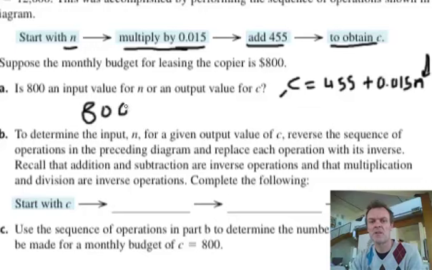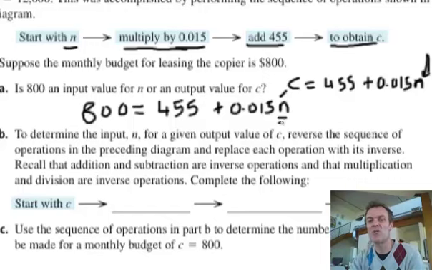So if I do this now, that equals the 455 monthly fee. Again, I know I've got to add in the price for each copy, but the number of copies, I don't know. I'm going to underline that. How on earth do I get to that? What do I need to do to get to that N?